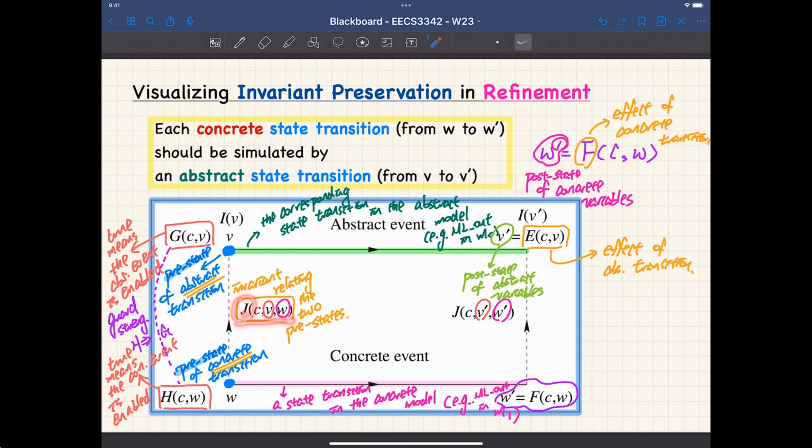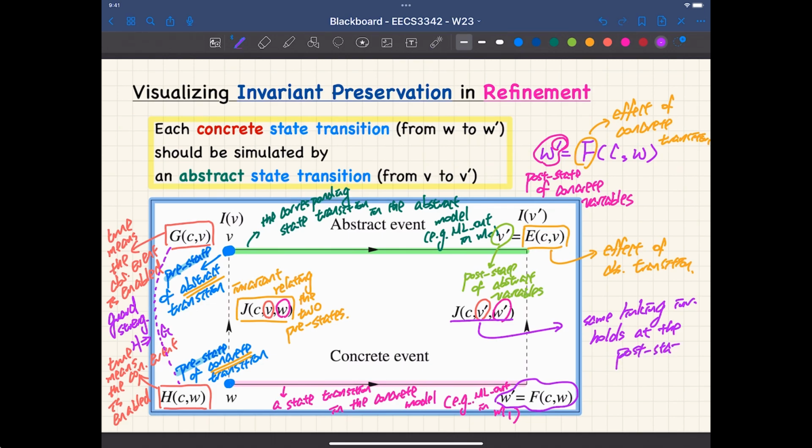Also, it holds again at the post-states. All right? That's the final point. And I'll write it down. The same linking invariant holds at the post states.